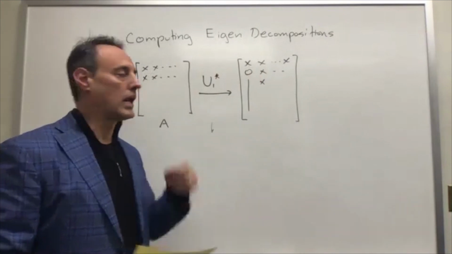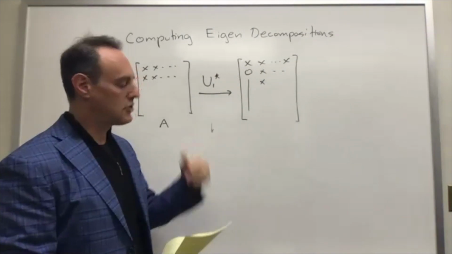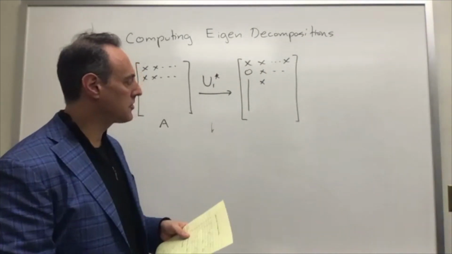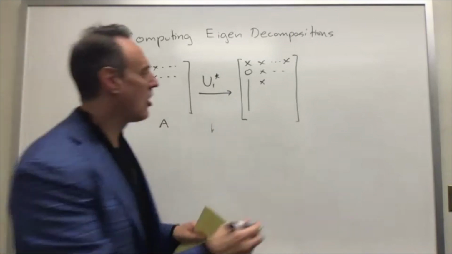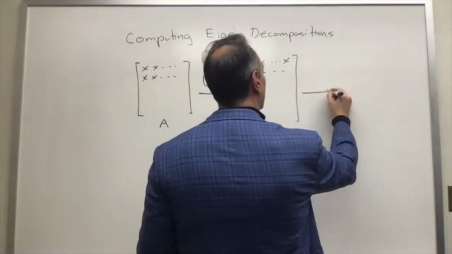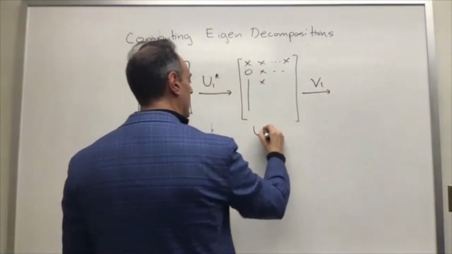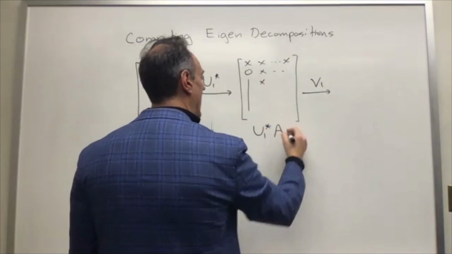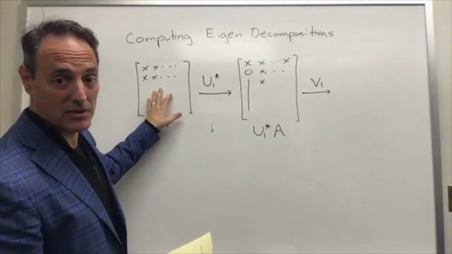Except now, what I'd like to do is think about what I can do next to put this in upper triangular form, which is to multiply by another matrix. Let's call this V1. So I multiply on the left, U1 star A. And by the way, this doesn't have to be a square matrix anymore.